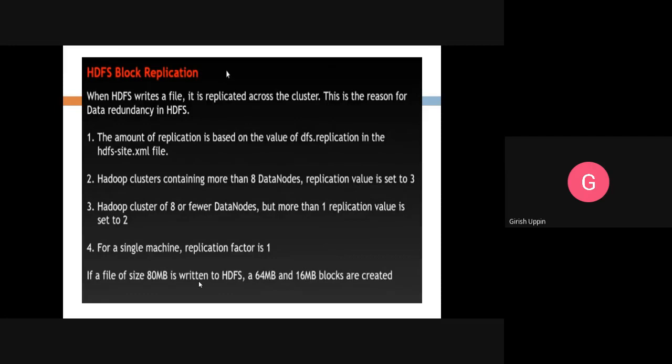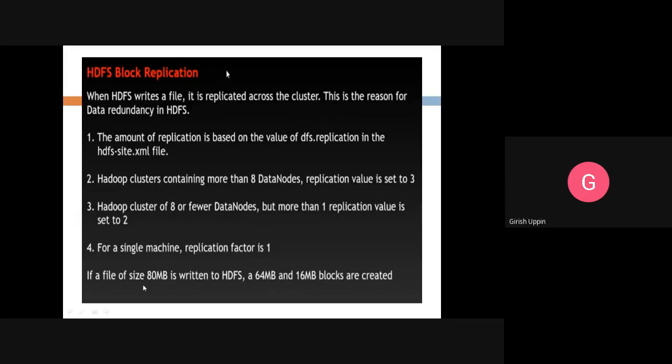If there are 8 or fewer nodes, there will be 2 copies. And if it is a single machine, like when we install the HDFS system on our own laptop or desktop, then the replication factor is only 1, which means there won't be any multiple copies, only one copy.